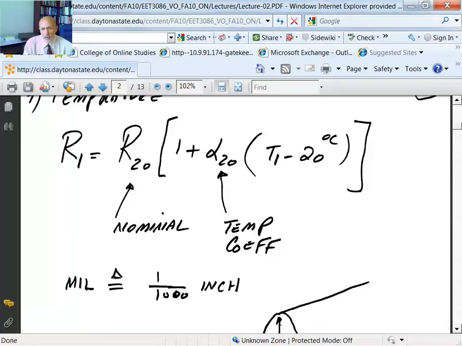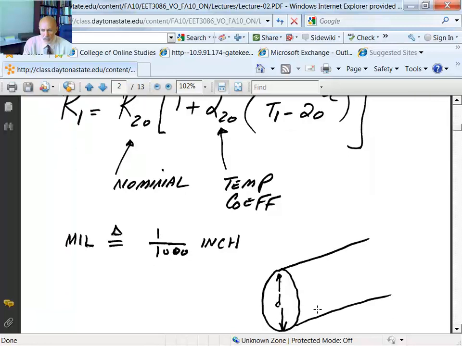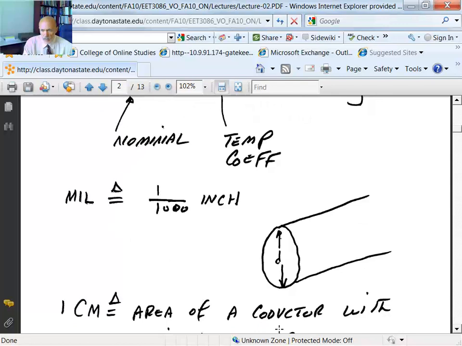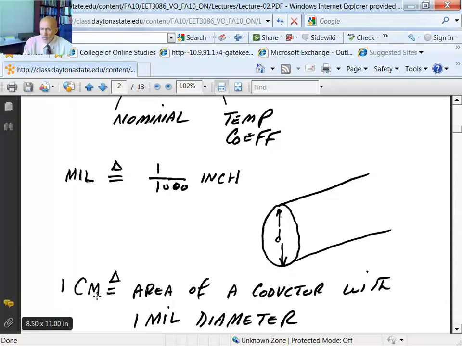Now let's look at the definition of mil. 1 mil by definition is a thousandth of an inch. So if you take a piece of conductor and look at the cross-sectional area, and look at the diameter, then 1 circular mil is equal to the area of a conductor with 1 mil diameter.